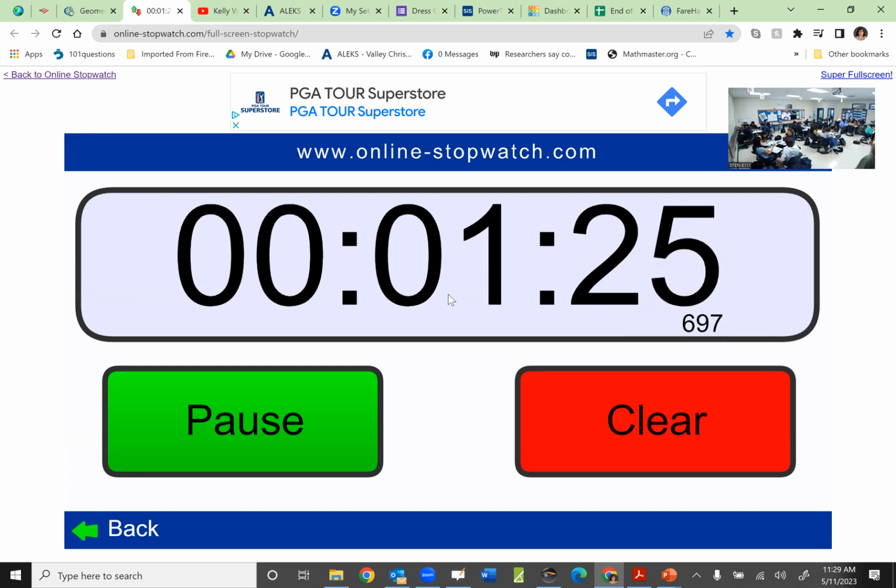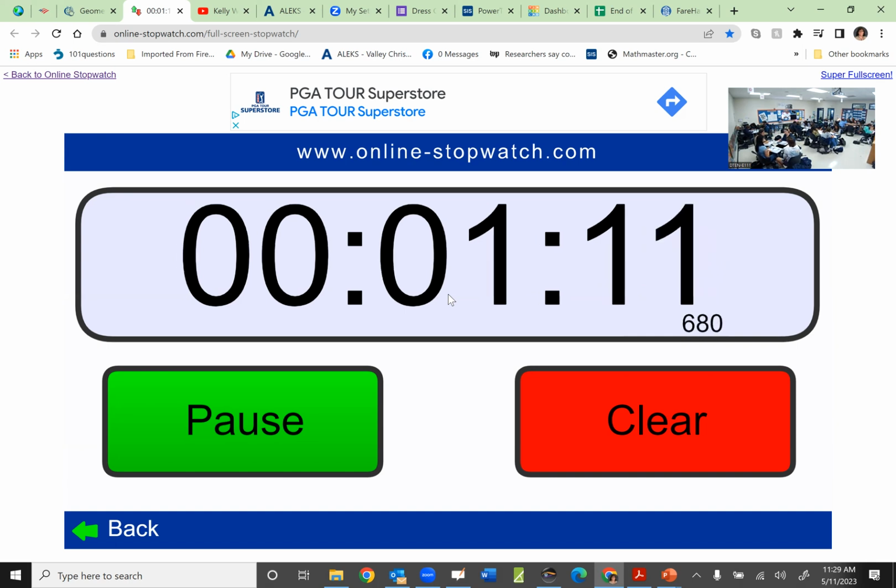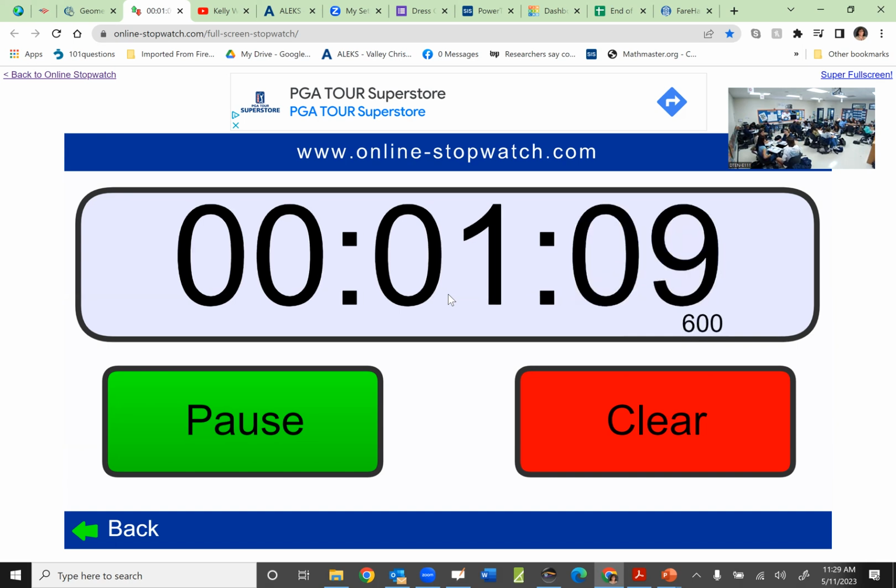Volumes. How? I just get that area. Yeah.